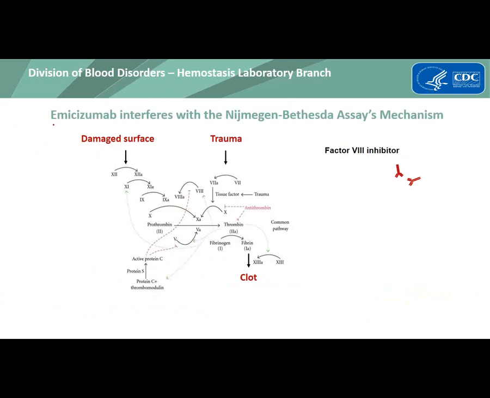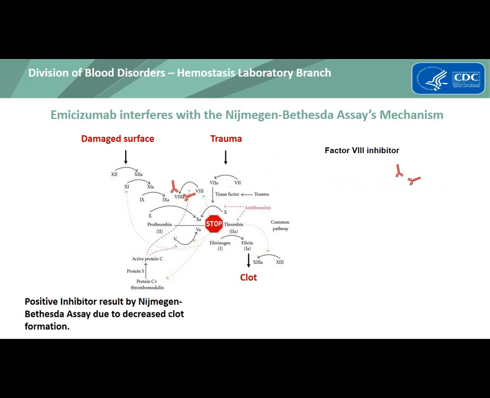Another important detail about emicizumab is that it's known to interfere with the Nijmegen-Bethesda assay. The way that occurs is shown in this cartoon. When you do a Nijmegen-Bethesda assay and you have a factor VIII inhibitor on board, this inhibitor can bind to factor VIII, leading to a decrease or some inhibition in clot formation. When that's the case, you get a positive inhibitor result by the Nijmegen-Bethesda assay due to decreased clot formation.